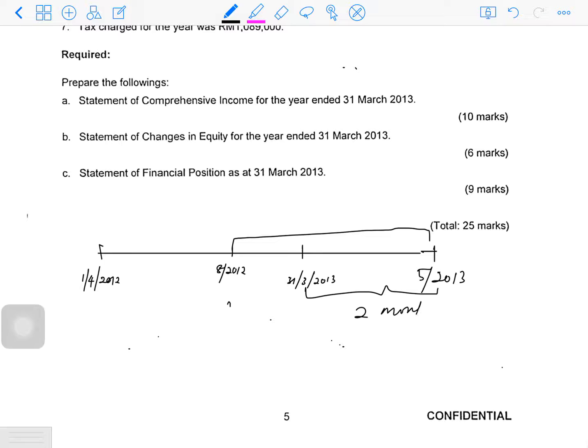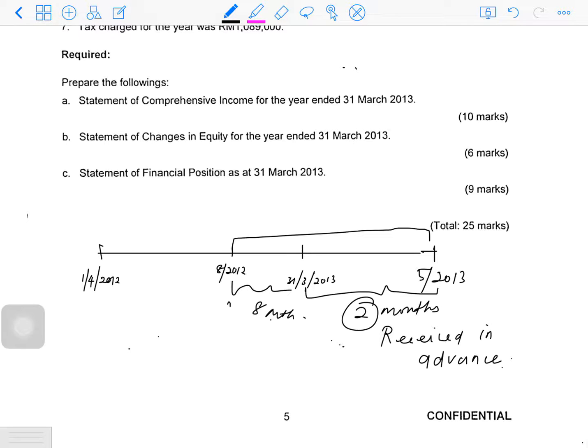This 2 months is received in advance. You receive this in advance, right? You have not earned it yet. You only earn it up to this period saja, which is 8 months. Okay, 8 months. So this 2 months is received in advance, has to be taken out.